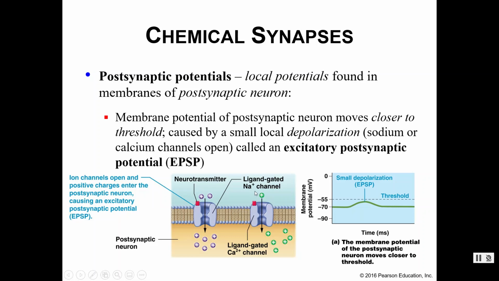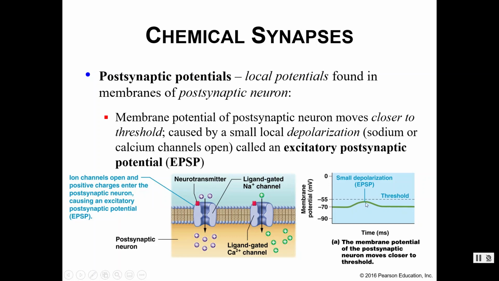Here's our ligand-gated sodium channel. We're opening them up. We could also activate ligand-gated calcium channels. Calcium also has a positive charge, and we would bring those calcium ions into the cell. Bringing sodium or calcium into the cell makes our potential less negative. We're getting closer to threshold.